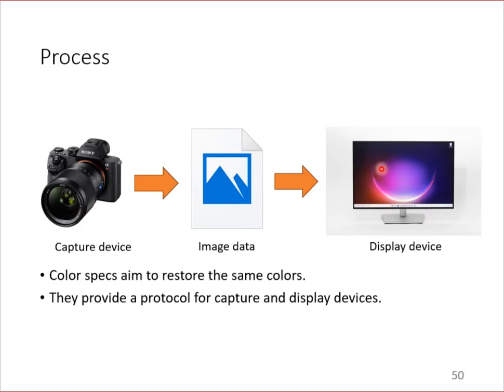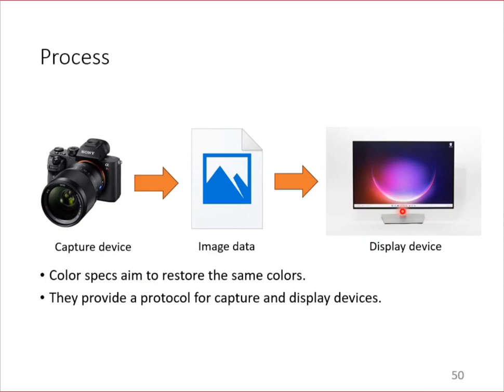From the capture device to the display device, how can we ensure the color captured by the device is the color displayed on the device? That's why we need the color space to communicate between the capture device and the display device.